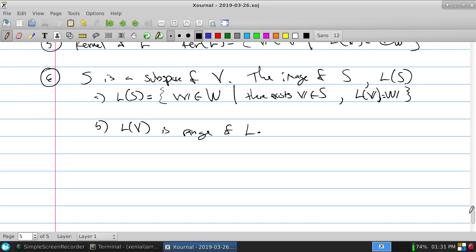For both of these, the kernel and the image of S, everybody who goes to the zero object and the image of a subspace are both going to be subspaces.